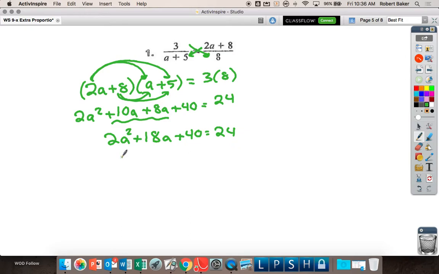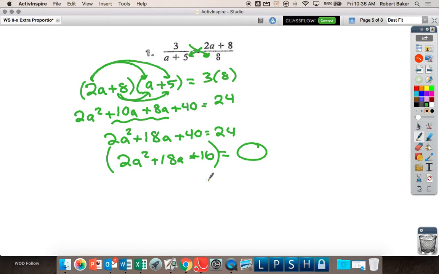So minus 24 from both sides: 2a squared plus 18a plus 16 equals 0. This is the point we're trying to get to. Force it to equal 0.